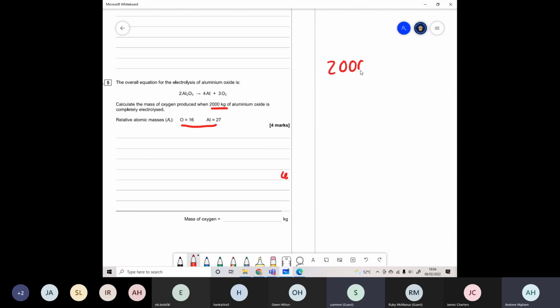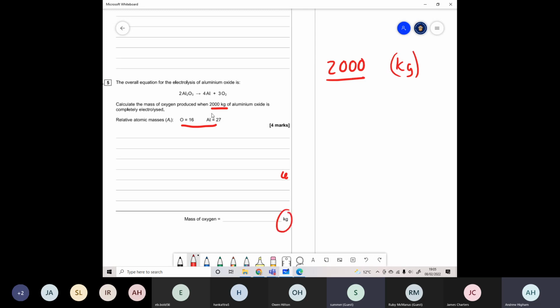So if we have 2,000 kilograms, we're going to have to divide it by, I know it's kilograms, and we should be using grams, but we can just keep it as kilograms because they want the answer in kilograms, so we can just use 2,000.